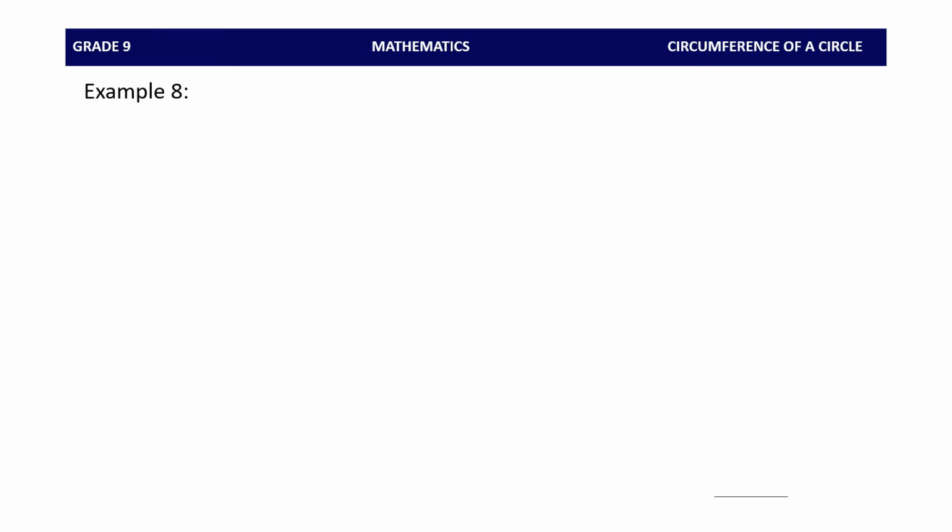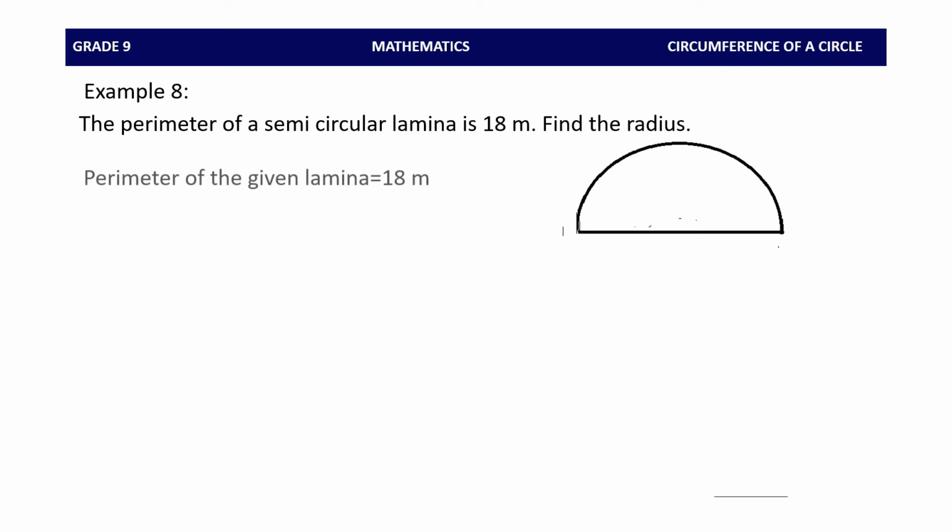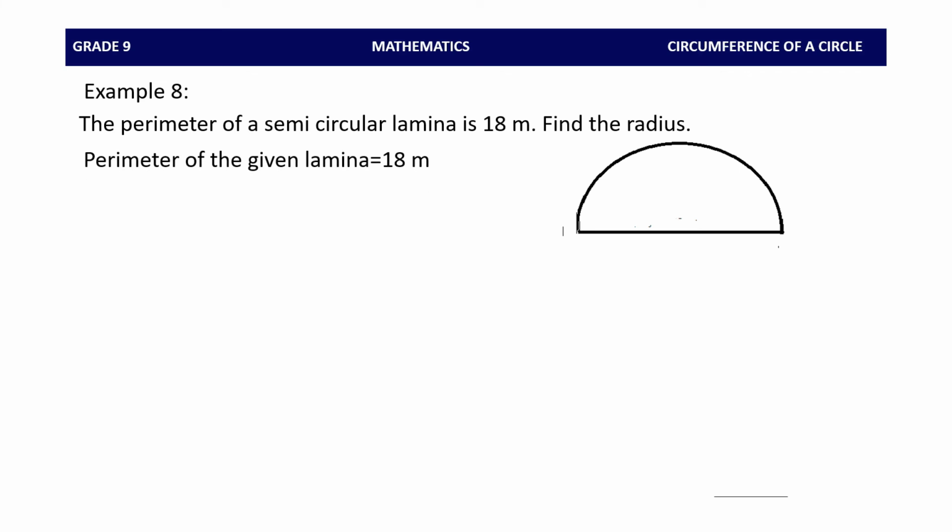Now example 8. The perimeter of a semicircular lamina is 18 meters. Find the radius. Here's the diagram. Here the perimeter is given as 18 meters. But you know the perimeter of a semicircle equals half of 2πr plus 2r.